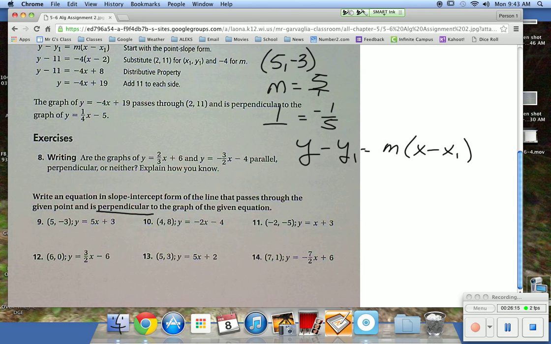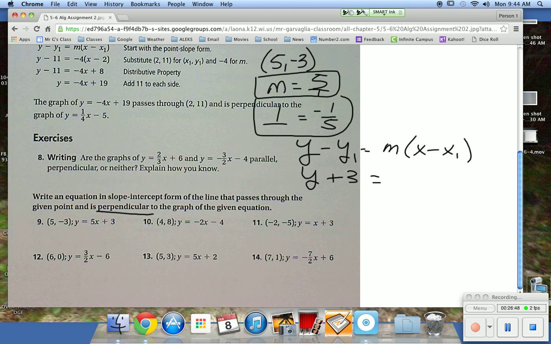Wade, what's my y? Negative 3. So I'm going negative times a negative, which is a positive 3 there. Equals my slope. JD, what's my slope? Remember, we're doing the perpendicular slope now. This is the slope that came from the equation.